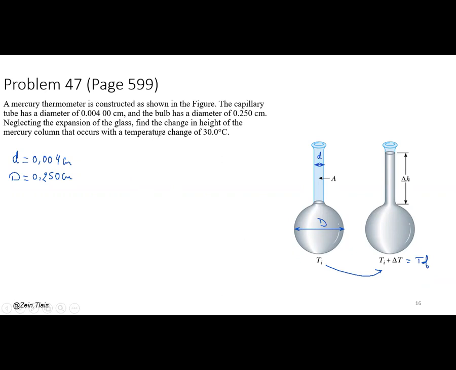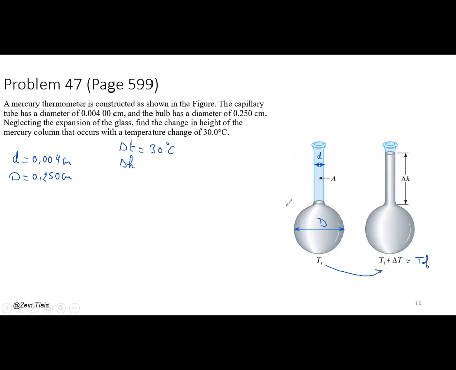Find the change in height of the mercury column that occurs with a temperature change of 30 C. So we have delta T equals 30 Celsius. I have to find the change in height, delta H. As you see, initially we have only the bulb filled with mercury. Okay? Only the bulb.